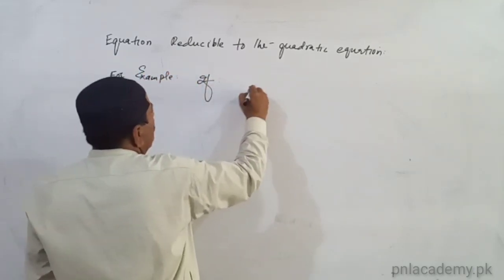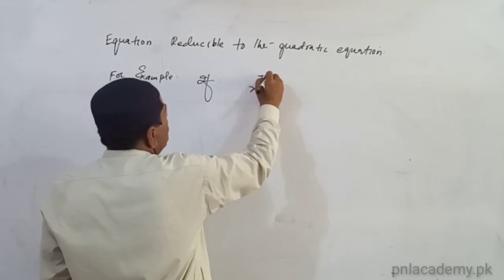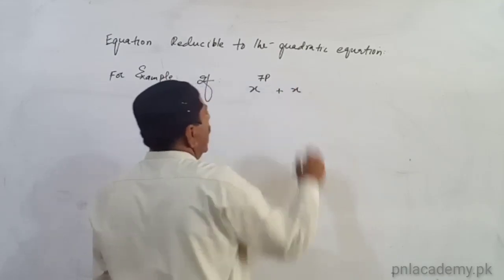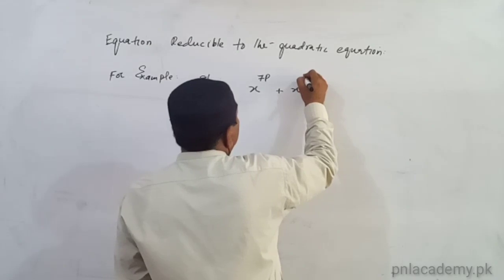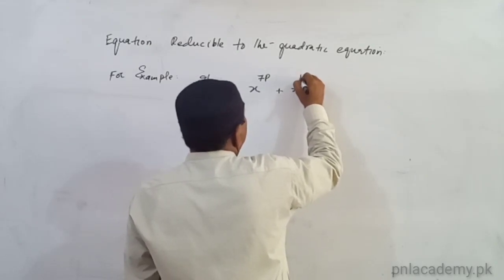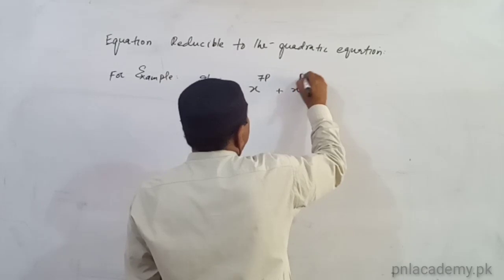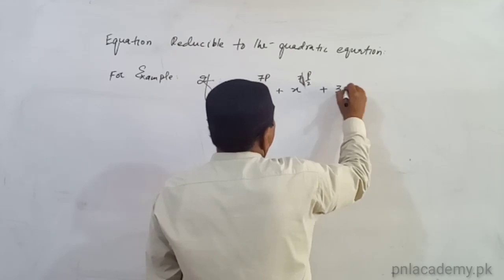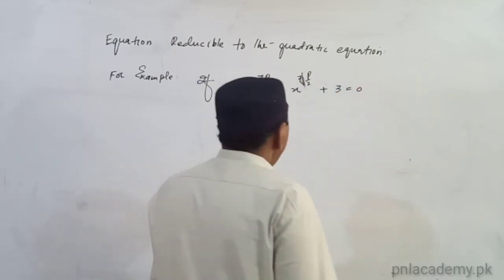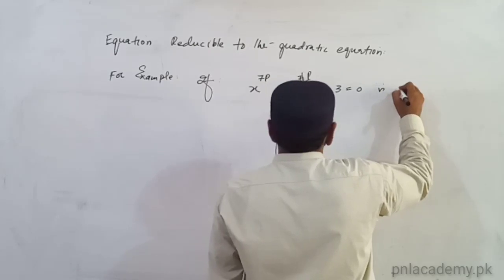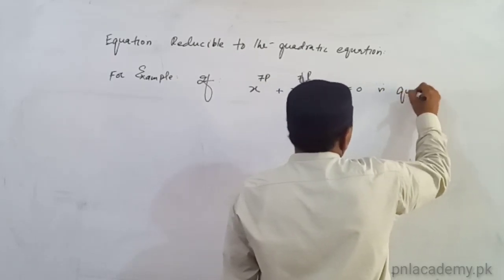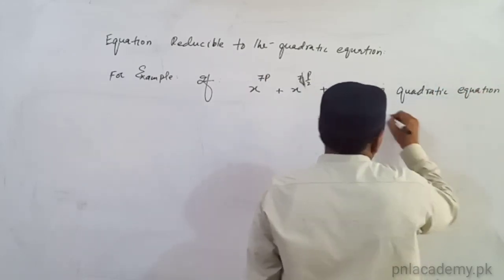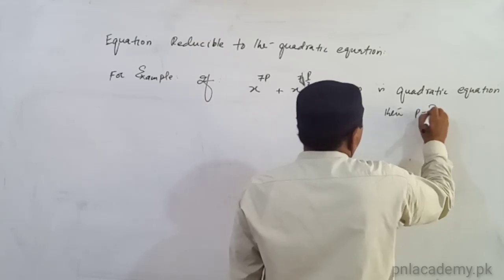if x power 7p plus x power 7p upon 2 plus 3 is equal to 0 is a quadratic equation, then what is the value of p?